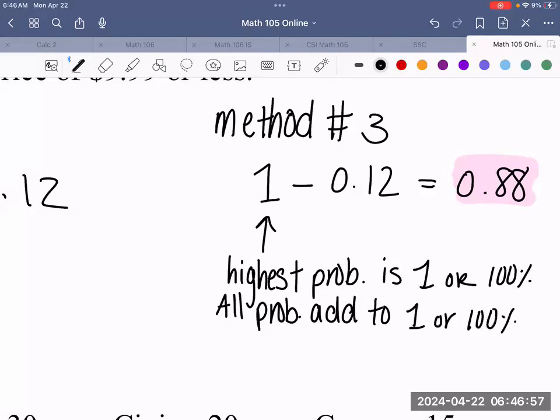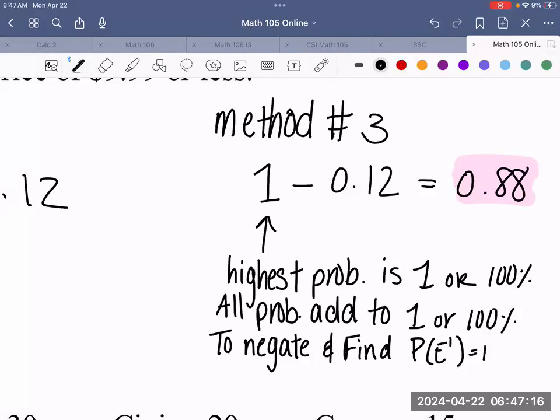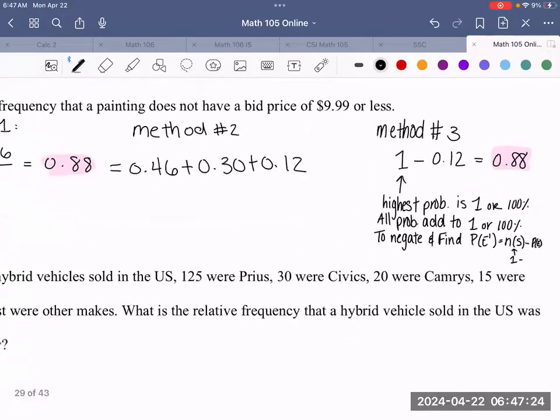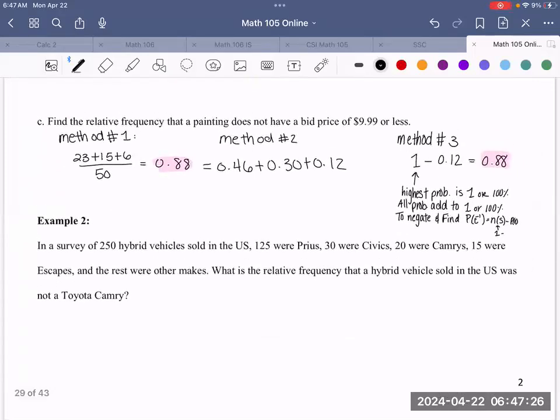So to negate and find not E, or the probability of not E, that's a little bit better to write, probability of not E, we're going to subtract 1 minus. Okay.